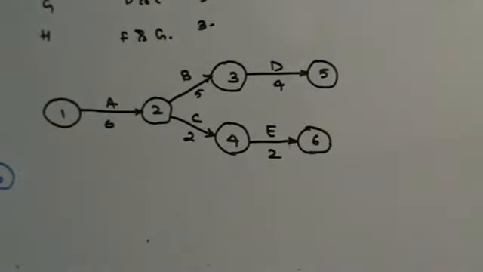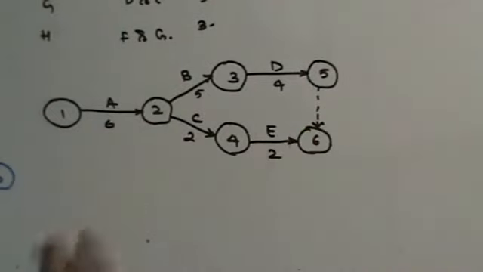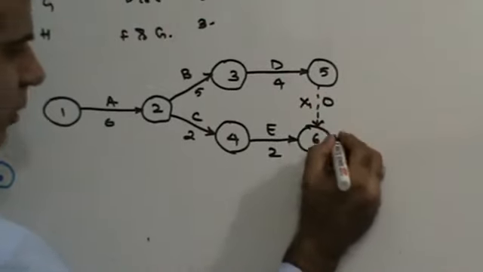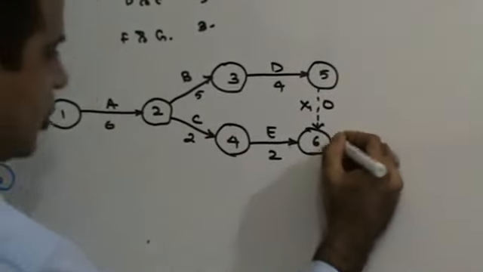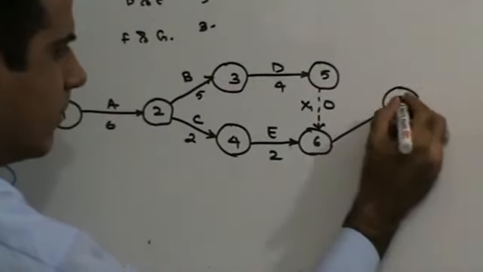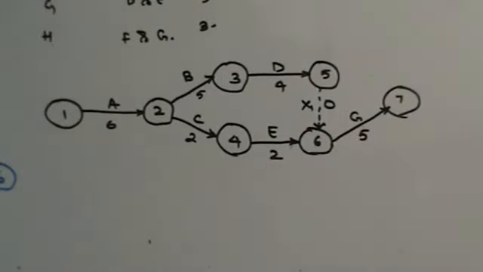Now D and E combine to give you G, right? D and E, dummy, because there is no connection between them. So now D and E, we will call this X1, which is 0, will combine to give you G, which is of 5 days, right?